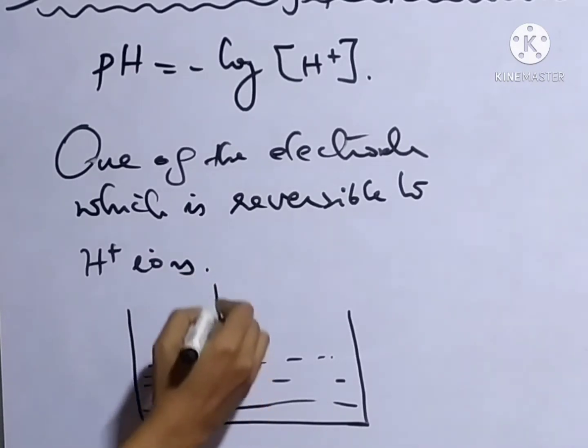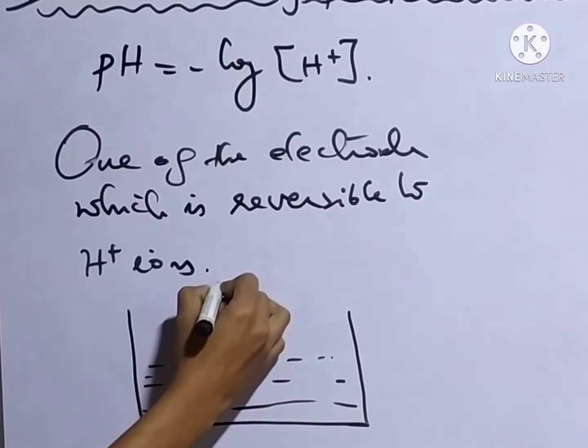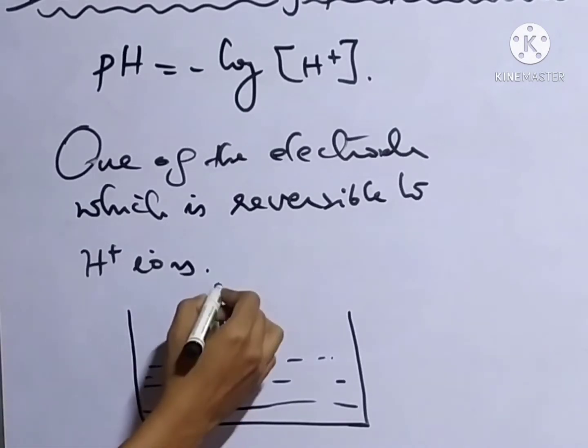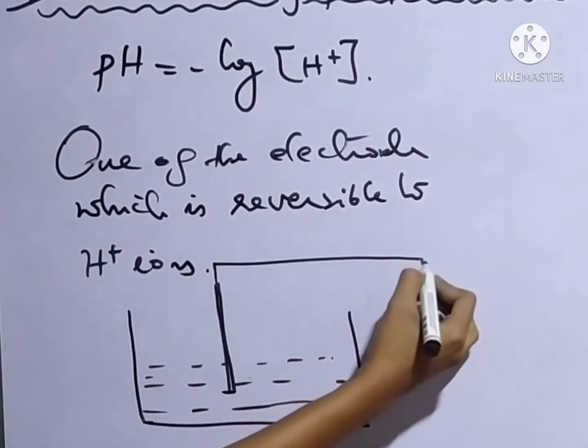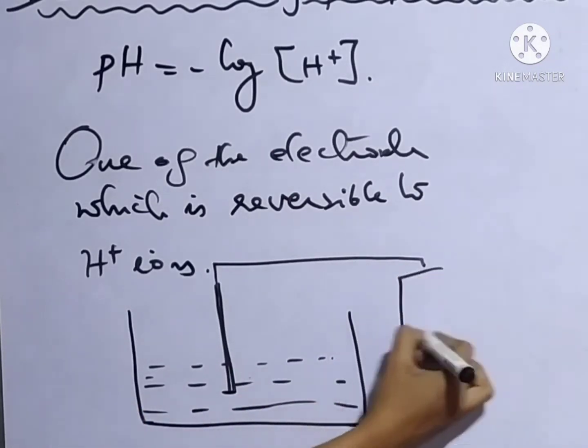Then we are going to construct a half cell by dipping an electrode into it, and we have to pair this half cell with a reference electrode.